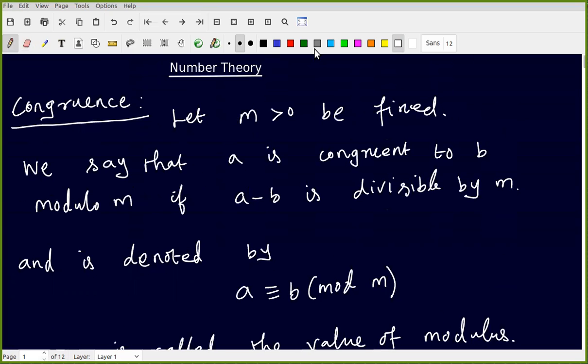So congruence purely is nothing but: if a minus b is a multiple of m, then we write a congruent to b modulo m.